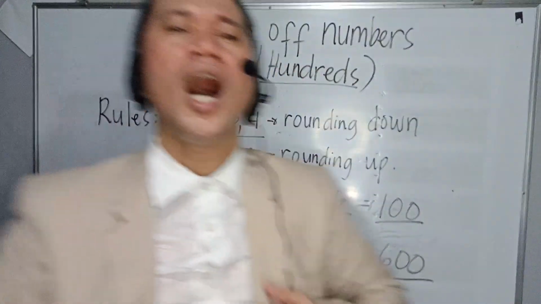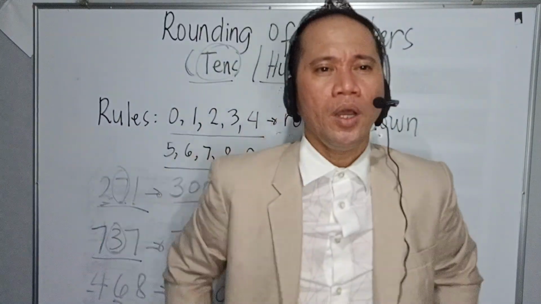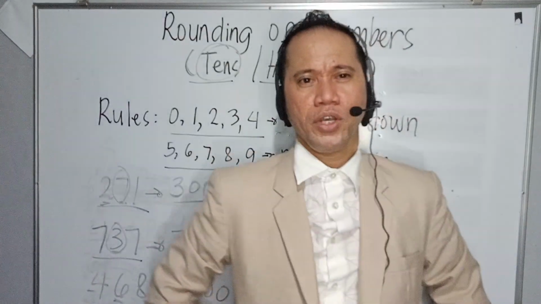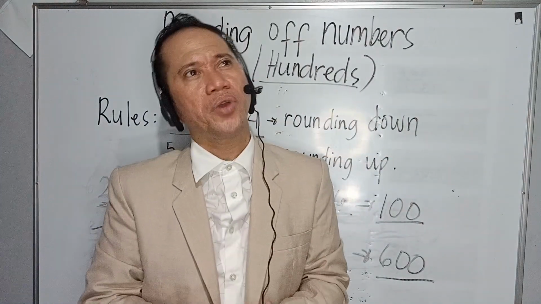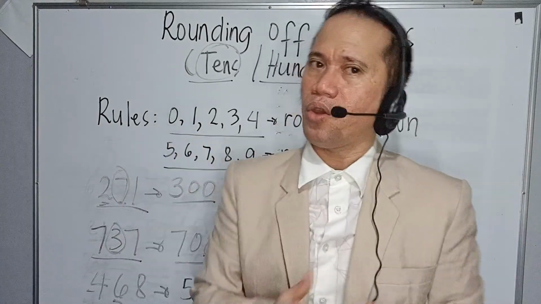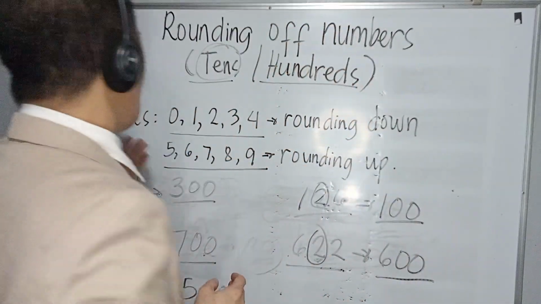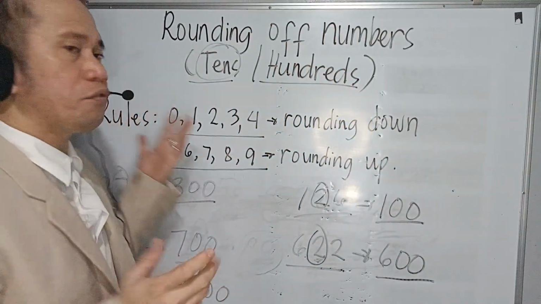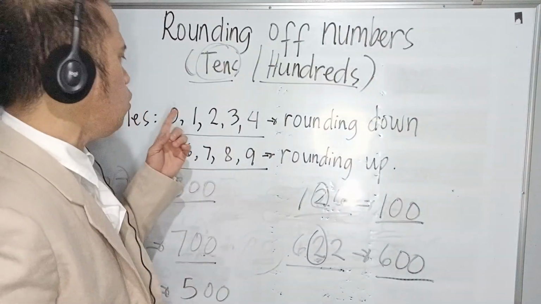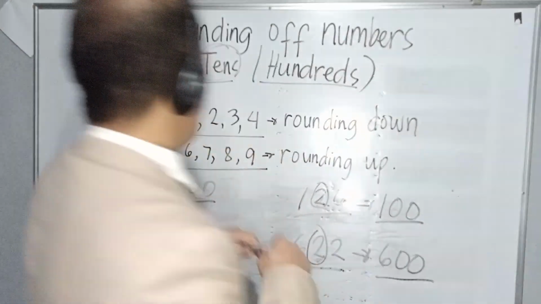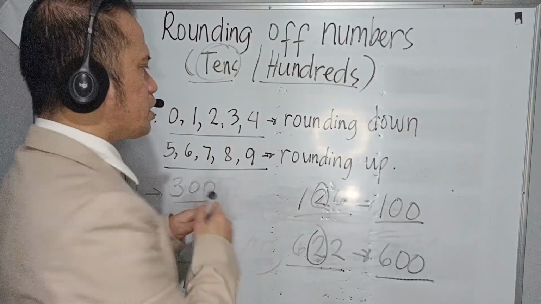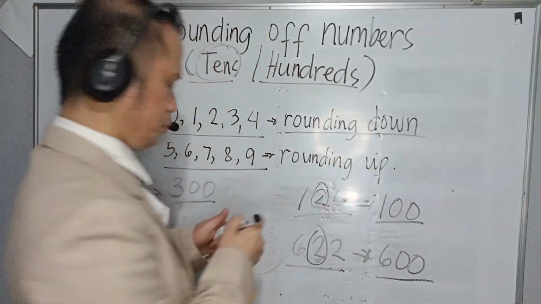That is how you are going to answer rounding numbers to the nearest tens or nearest hundreds or thousands. Always follow the rules, my dear viewers. Again, the rules are: if the numbers end with 0, 1, 2, 3, and 4, rounding down.